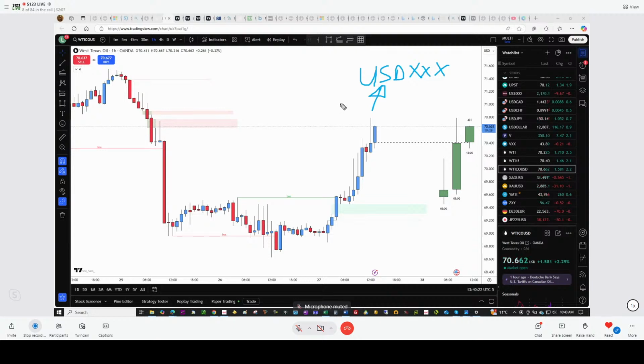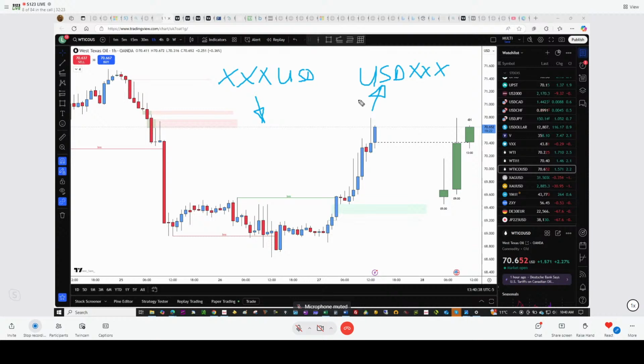So if you have the instrument like this, XXX U.S. dollar, then if the U.S. dollar is strong, that instrument should be coming down.